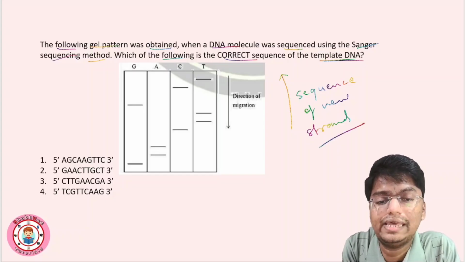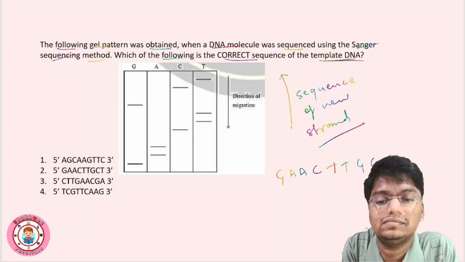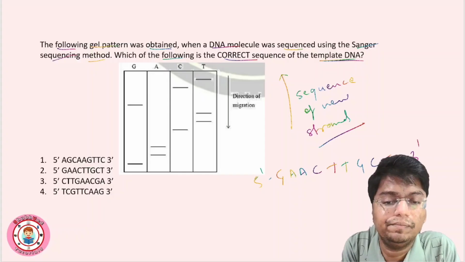So what will be that? G A A from down. C T T G C T. Right? This is 5 prime and this is 3 prime.